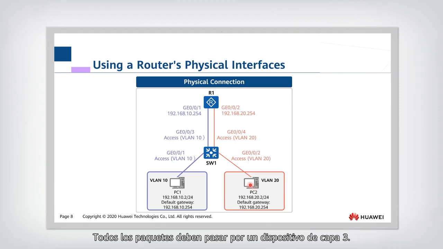As all the packets should go up to the layer 3 device, we assume that there is a router here. In this router, we have 2 different physical interfaces. One is connected to an interface of the switch. Another one is connected with another interface of the switch. So we can allocate an interface and VLAN to each interface.